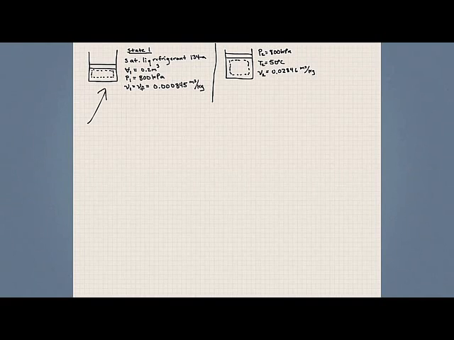Inside this closed system is a saturated liquid refrigerant 134A. So basically, it's a fluid and the state that fluid is in. We also know the volume that mass is occupying, and we also know the pressure.